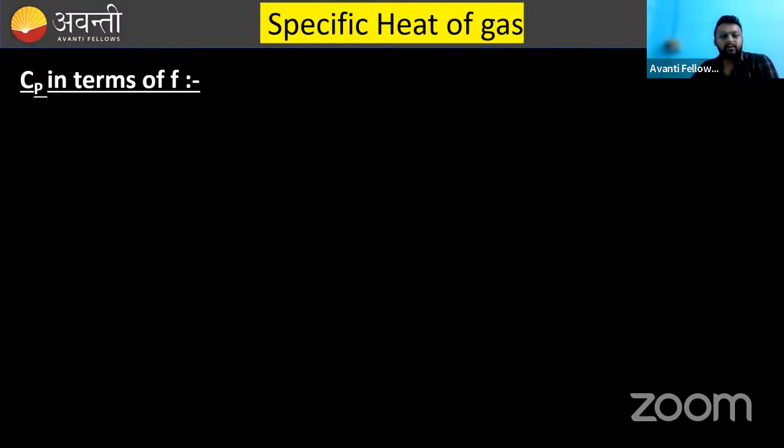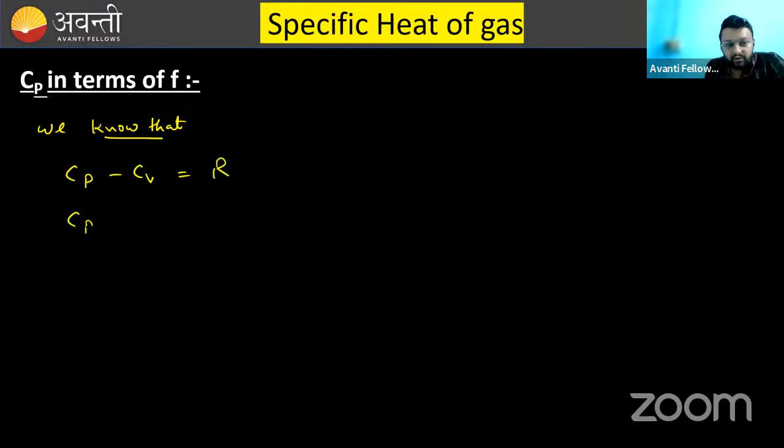Again, the heading says Cp in terms of F. So what we know is that Cp minus Cv is equal to R. Cp is equal to Cv plus R, you can say.